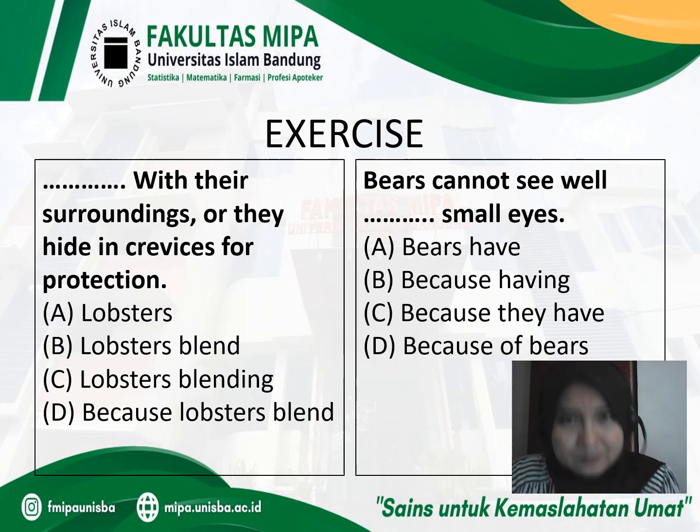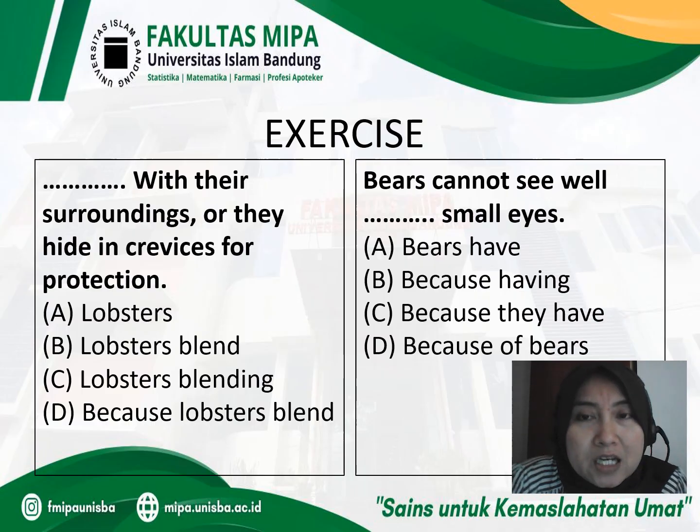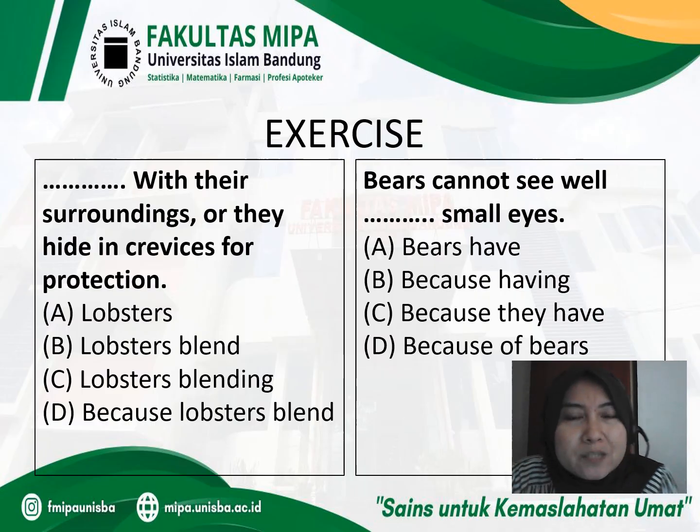So it needs a full clause after it. Option D, because of bears, uses because of, which is followed by a noun phrase. So the correct answer is D. These examples show that conjunctions and connectors must match the sentence structure carefully.